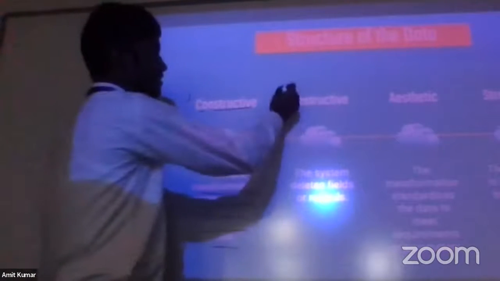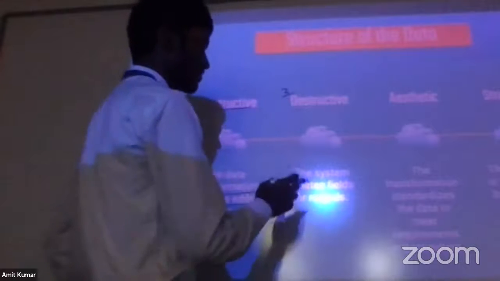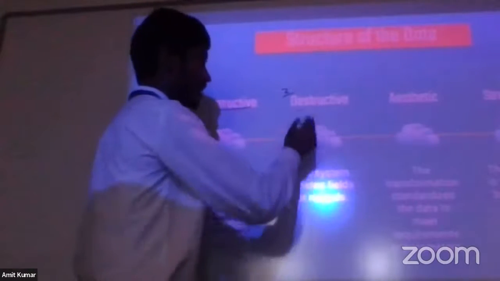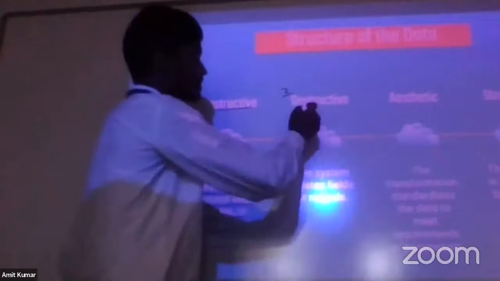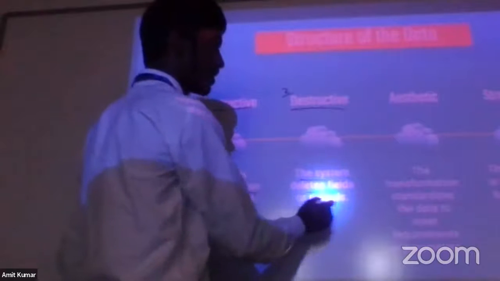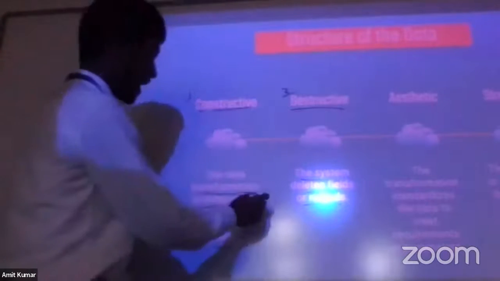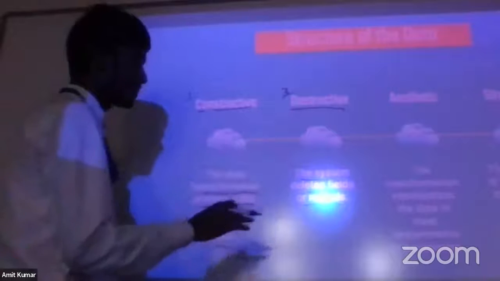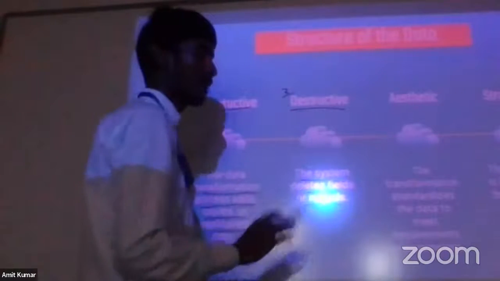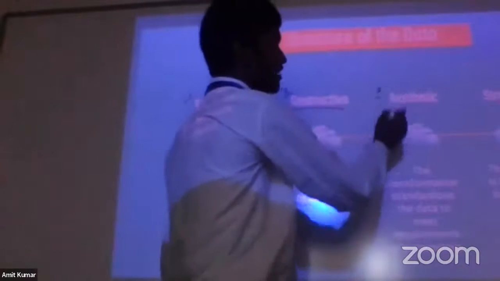Then the second structure is destructive, the system of deleting a field or record. What data is added or previously present, then we have to choose or delete the data to record a file. Then third is aesthetic.